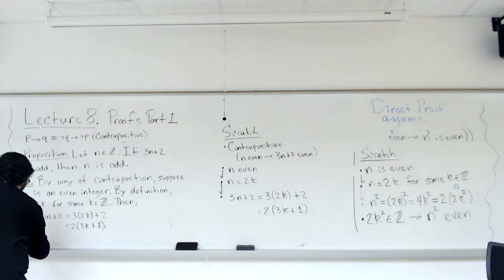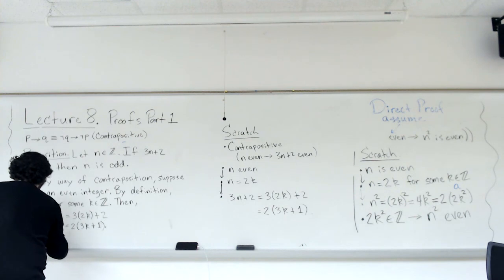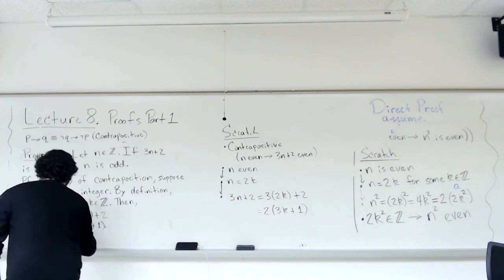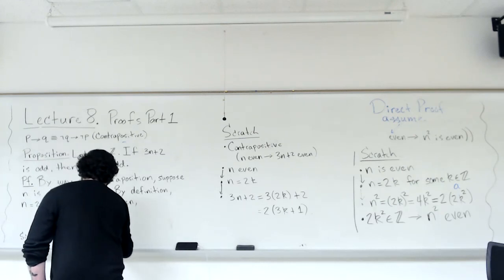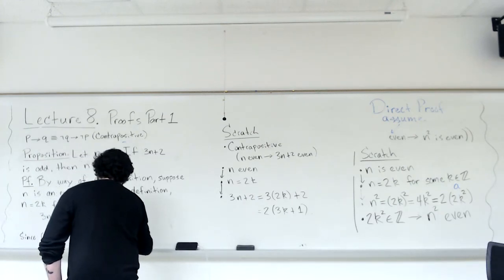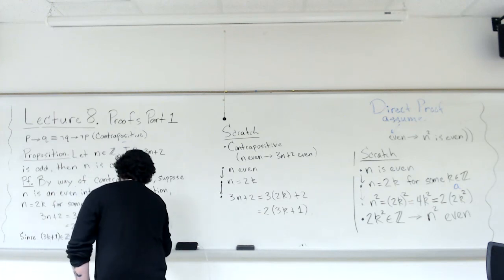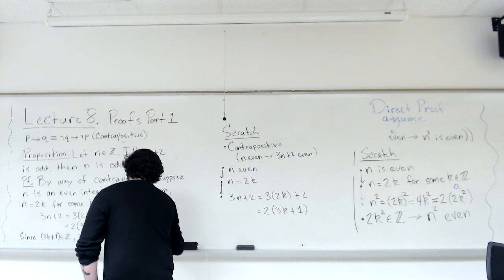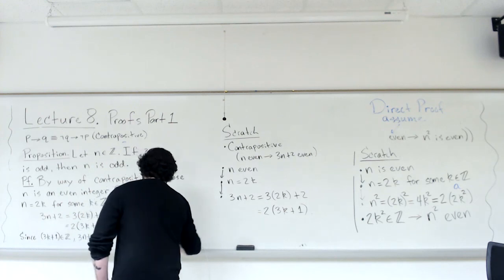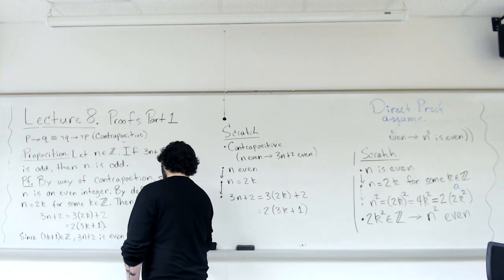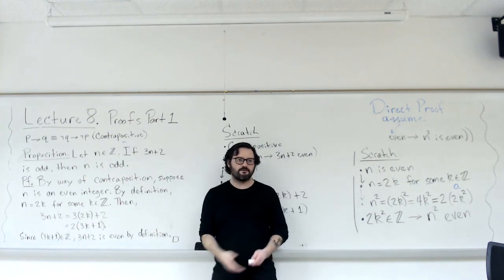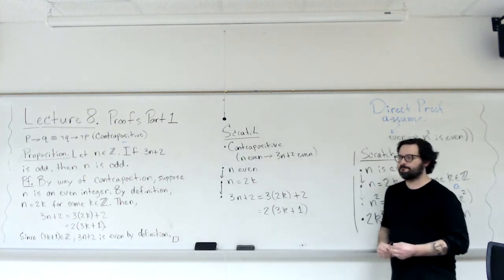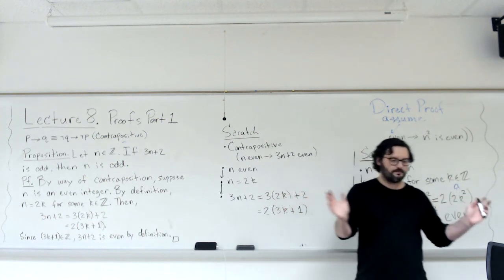Since 3k plus 1 is an integer, 3n plus 2 is even by definition. QED, because that proves the contrapositive, which has the same truth value as the original statement. Okay, so that's it. I'm going to stop the recording now.